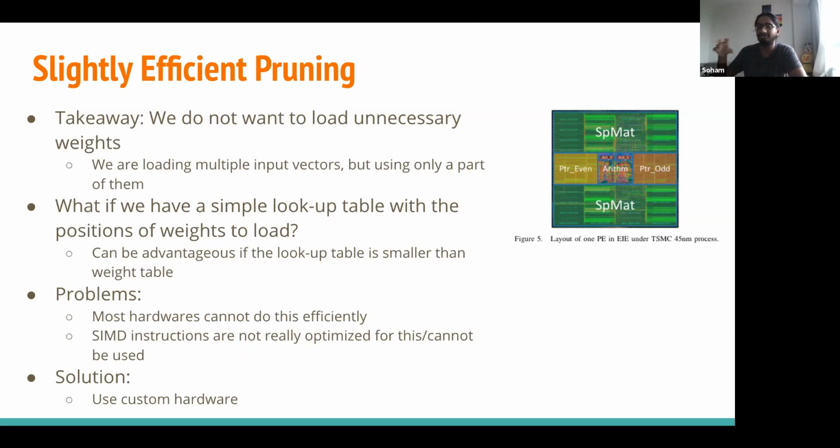It has special logic inside the hardware. Remember, custom logic is very hard to write and very hard to build, but it handles these special conditions with zeros very efficiently. So the only way to do pruning is to use custom hardware.